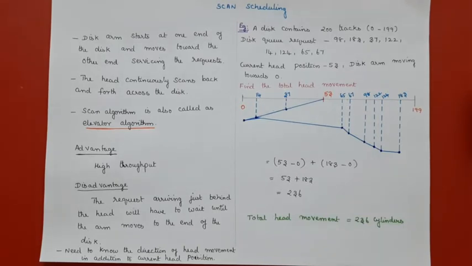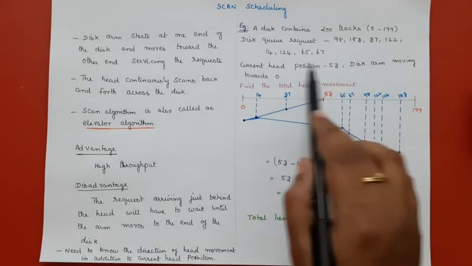What that means is that whatever requests are before 53 must be serviced first. Your head is at 53, so we take the requests that are less than 53 and service those first.